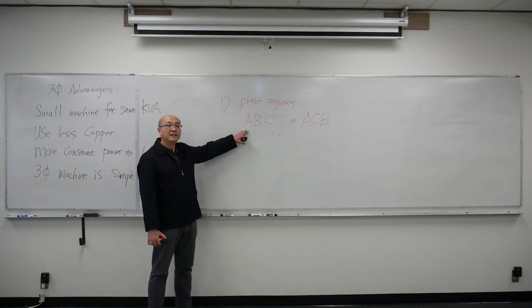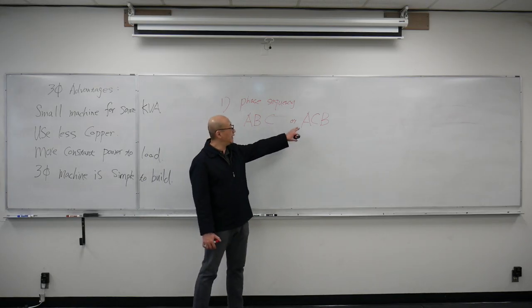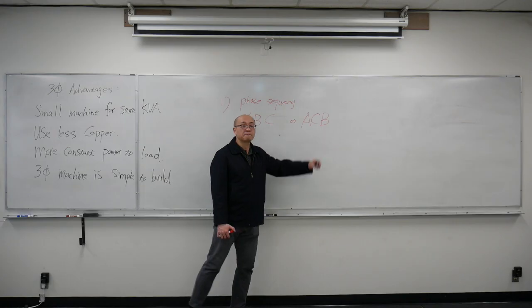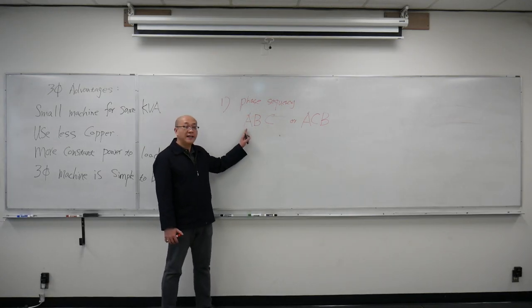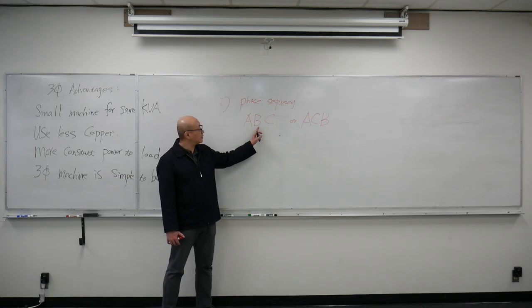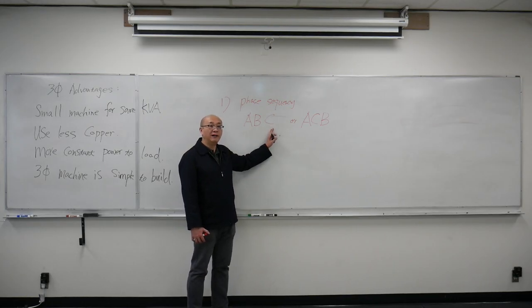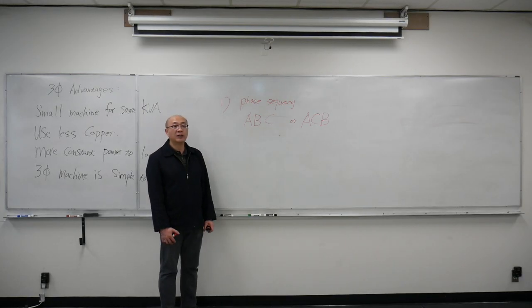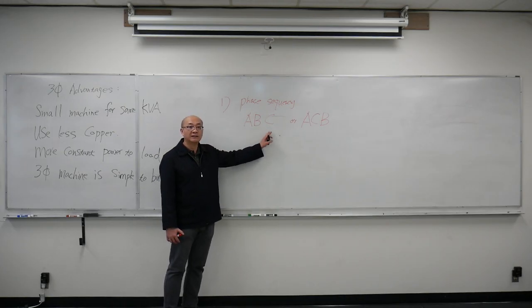One is phase sequence A, B, C. Another is phase sequence A, C, B. What those letters indicate is that when phase A reaches the peak, the next is phase B reaching the peak value, then phase C reaches the peak value. If they are in this sequence, we call it phase sequence A, B, C.